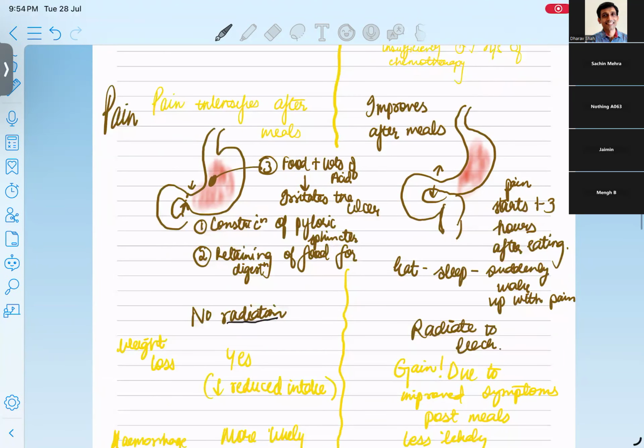So it is very important in the history taking कि patient pain कैसे describe करता है.